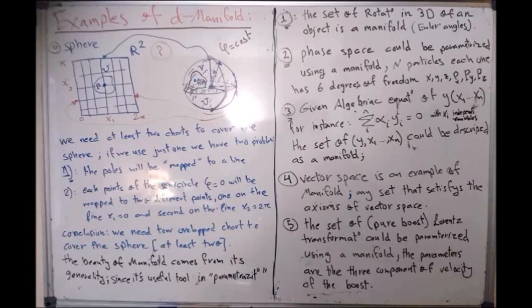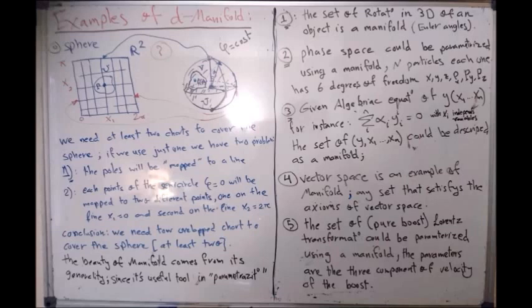So this sphere could be mapped to this rectangle. But the question here is, is one chart enough? Actually, because we take open sets, and by definition the chart is a couple of an open set and a one-to-one map, the answer is no.